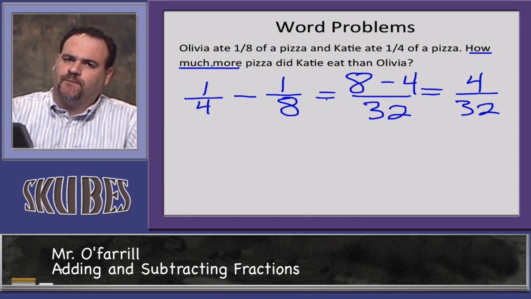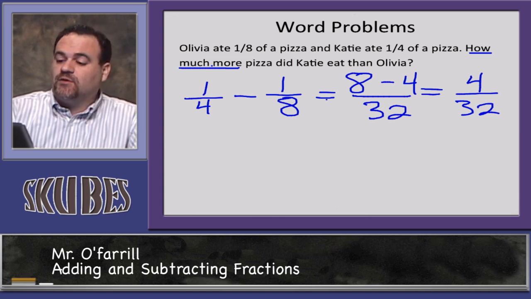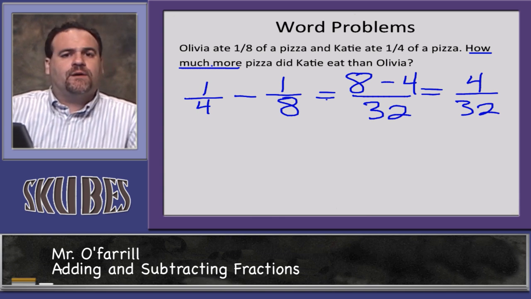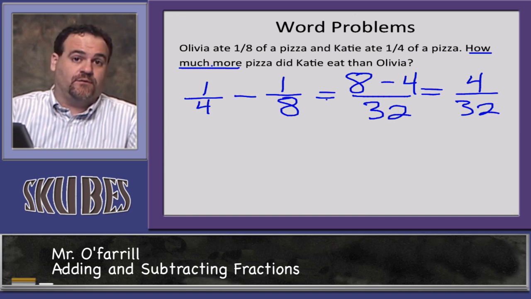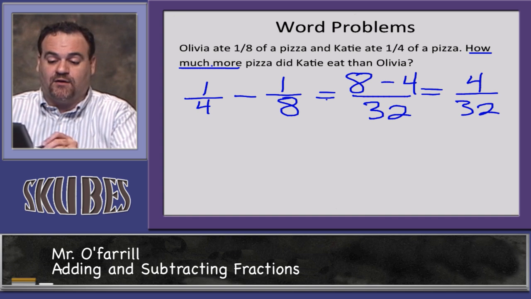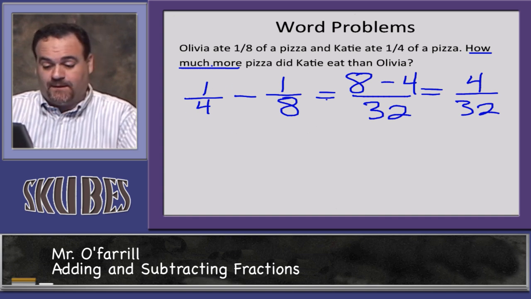4 and 32. Now, if you are familiar with reducing fractions, you're probably looking at that and thinking, well, we really should do something about that because the number 4 does go into 32. In fact, we just did it right here. 4 goes into 32 8 times.